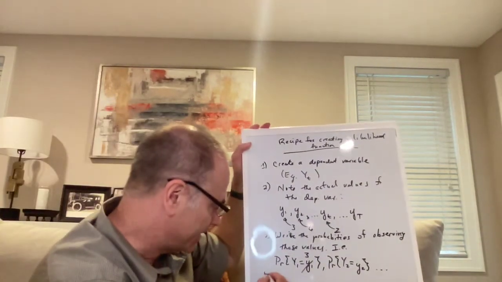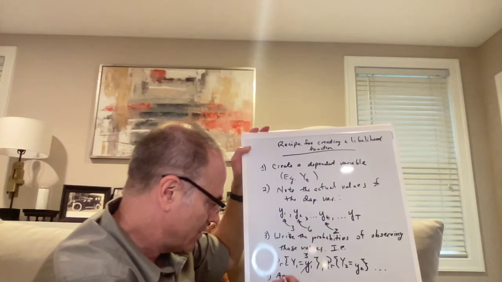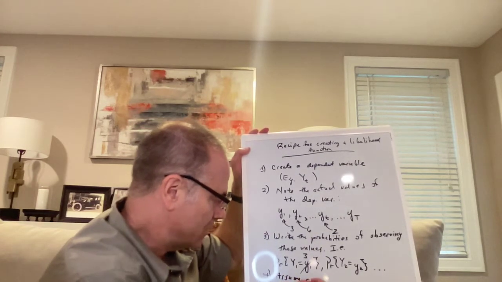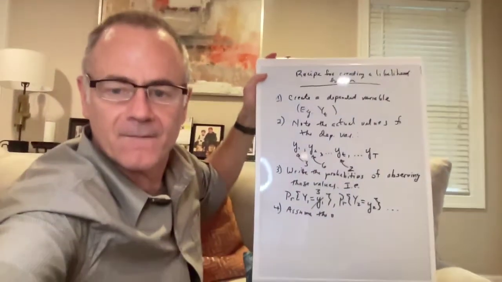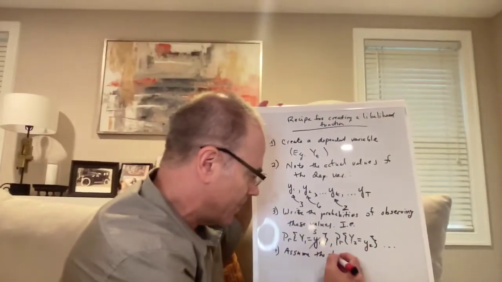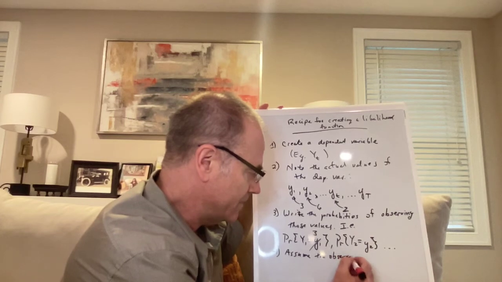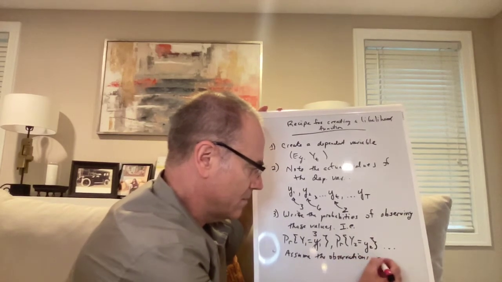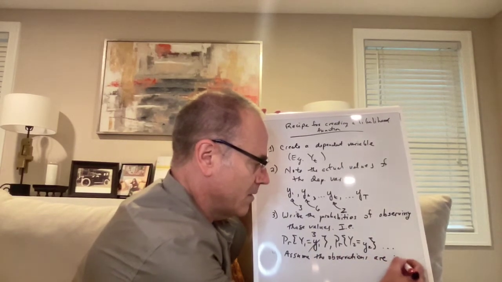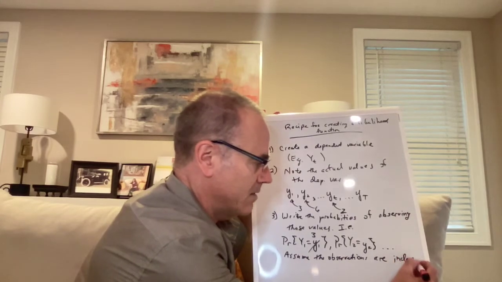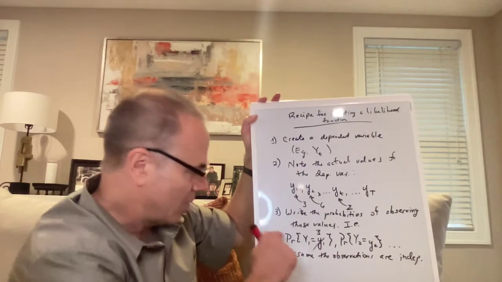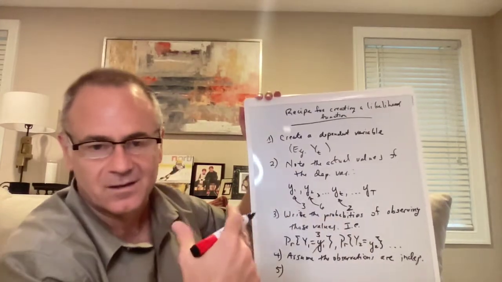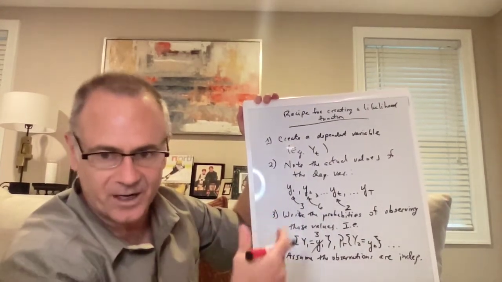In this class, assume the observations are independent. So then therefore, all these probabilities are independent of each other, these random variables.